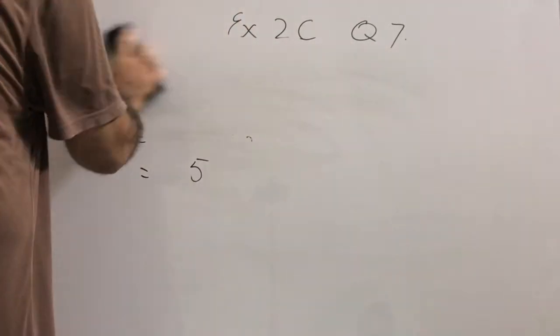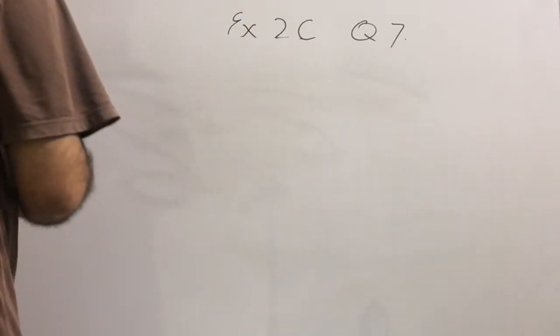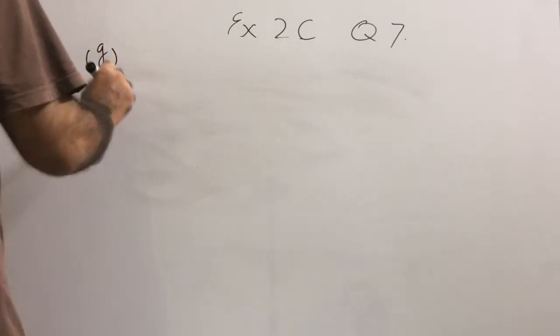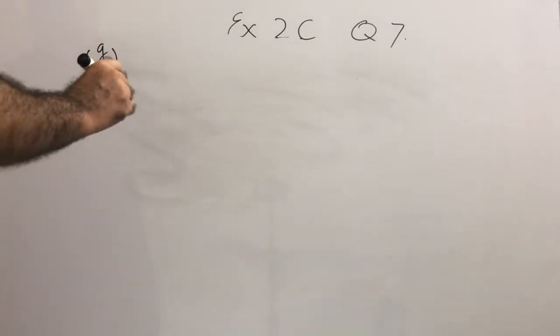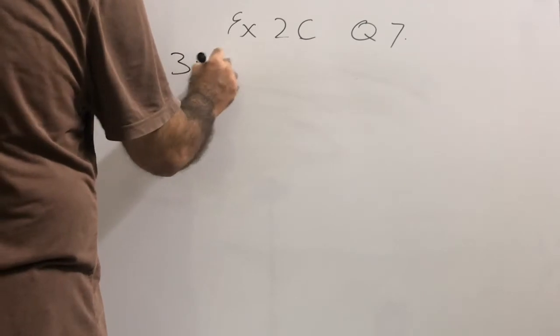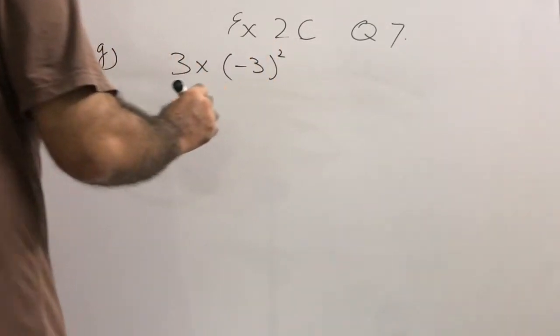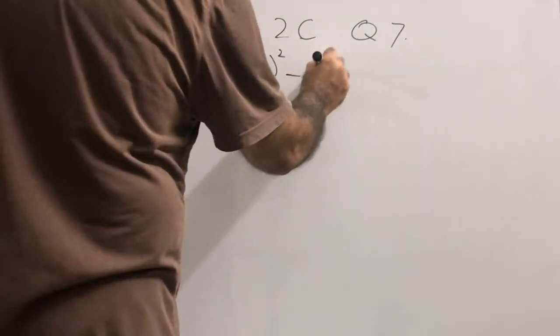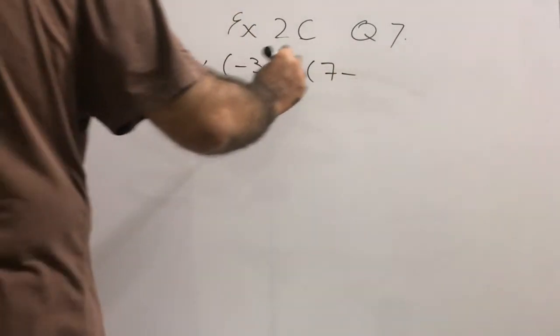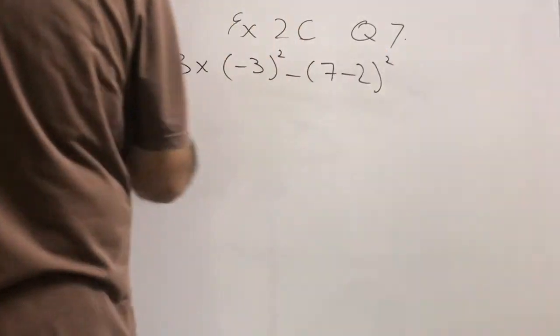Now we move to part G, which is 3 multiplied by bracket minus 3 power 2 minus bracket 7 minus 2 whole square.